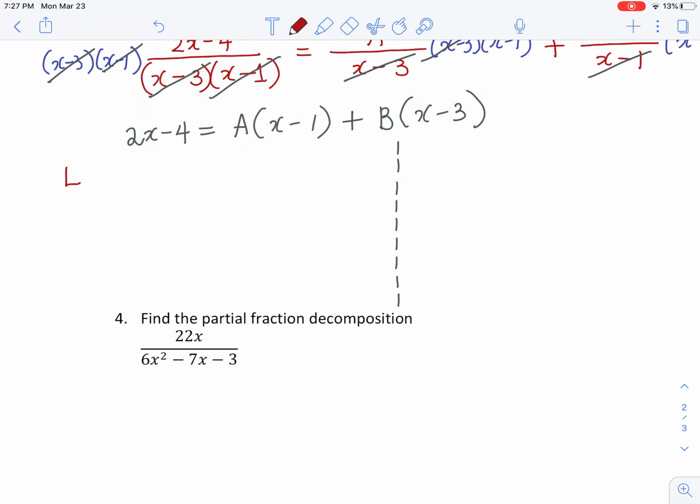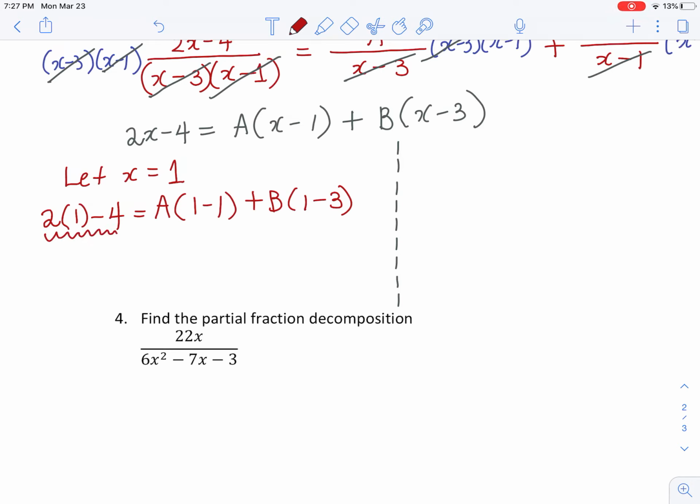Now, what do you want to let x be? I want to let x be positive 1. If I plug in 1 right in here, 1 minus 1 will give you 0. So let's plug in 1 everywhere you see x. 2 times 1 minus 4 equals A times 1 minus 1 plus B times 1 minus 3. Let's simplify.